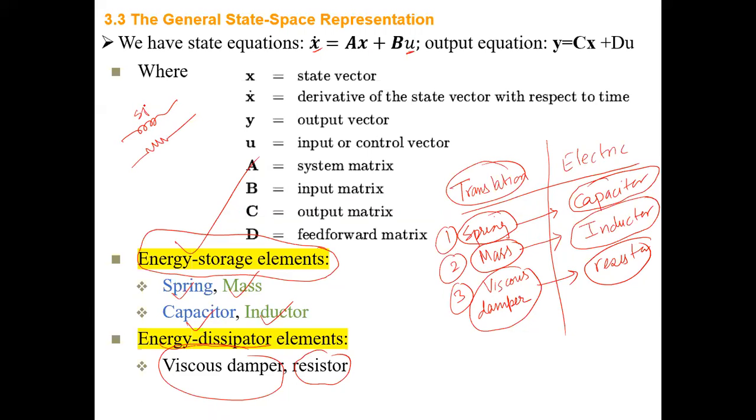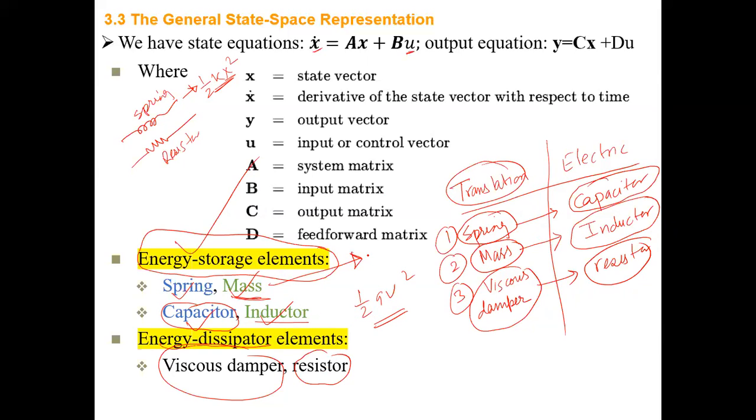This is spring. This is resistor. But practically, if you talk about the working principle, they're different. So spring, it stores energy, right? What is the energy stored by spring? 1/2 kx square, right? It stores energy. Similarly, capacitor also stores 1/2 qv square. That's the energy stored by the capacitor. Similarly inductor and mass also store the energy.